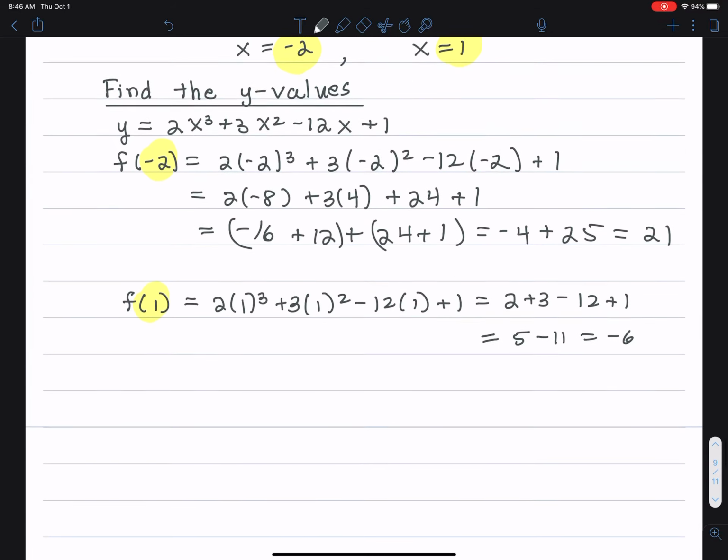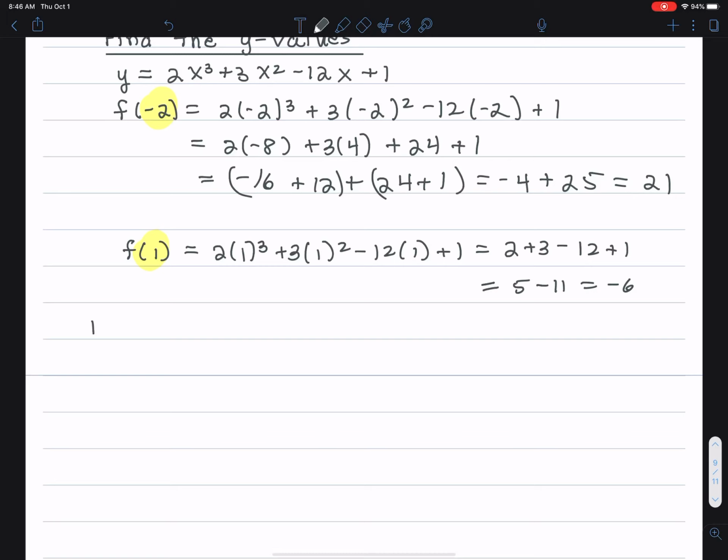Okay, so my answer is the points negative 2, 21, and 1, negative 6.